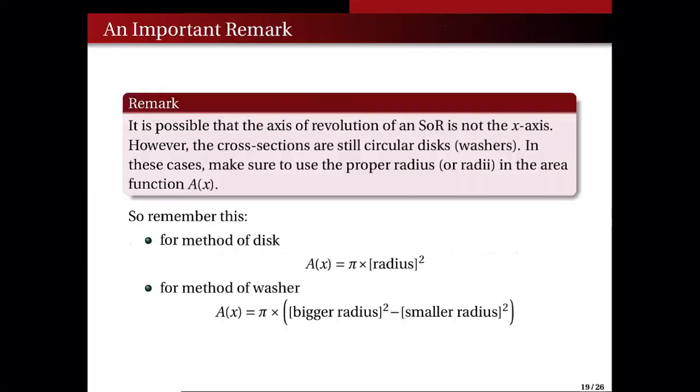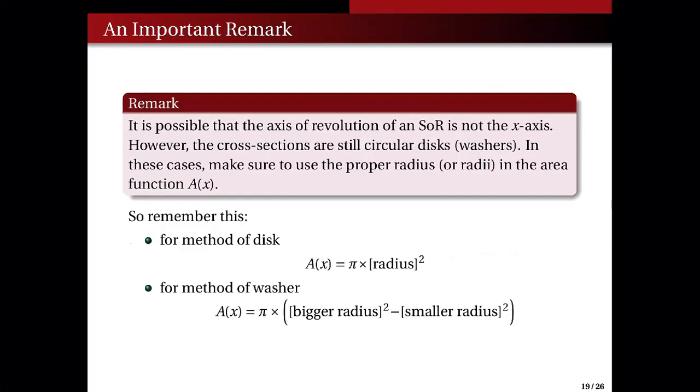Now, it is possible that the axis of revolution of a solid of revolution is not the x-axis. However, the cross sections are still circular disks or washers. In these cases, make sure to use the proper radius or the proper radii in the area function.